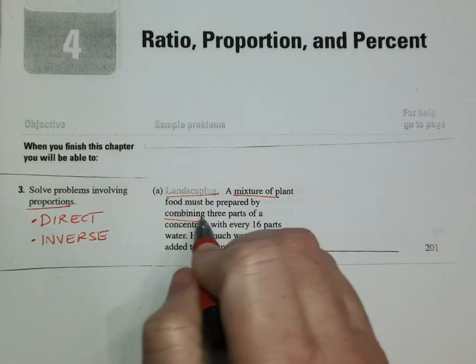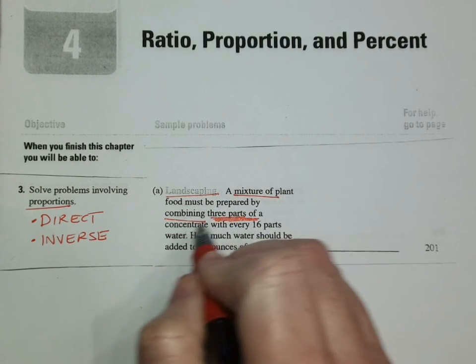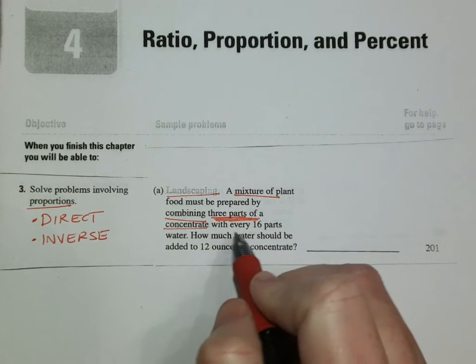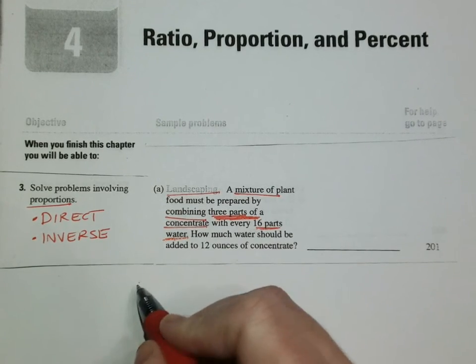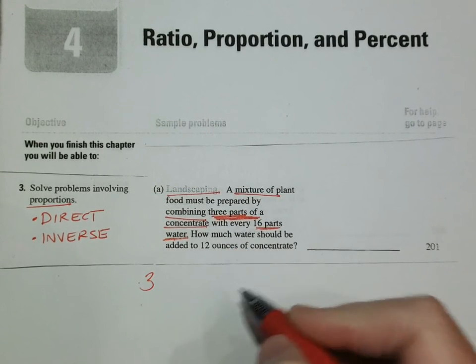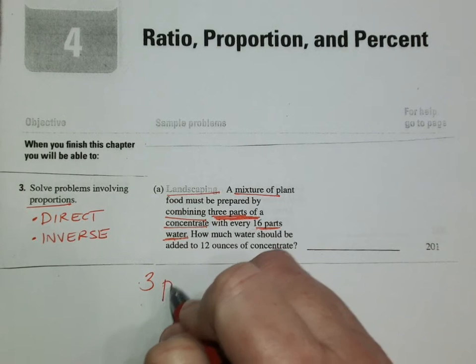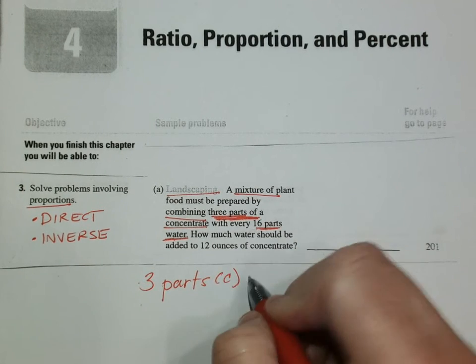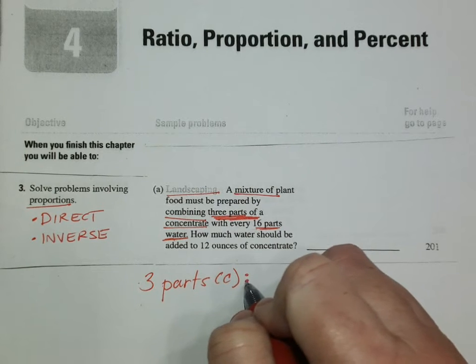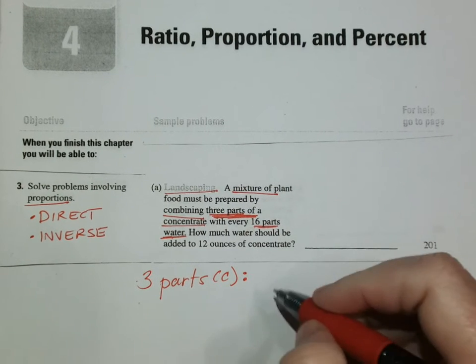We're making a ratio. We could use the word to. We could write it as a fraction. But for right now, I'm going to go ahead and use the colon. So that 3 parts of concentrate goes with every 16 parts of water. H2O, I'll use that.